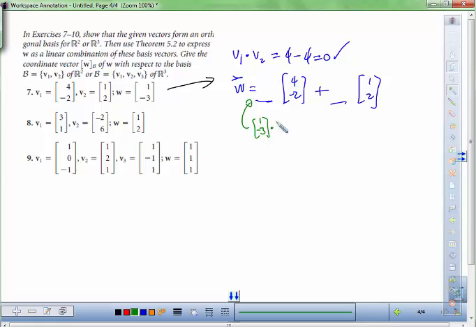We're going to dot it with V1, which is 4, negative 2. And we're going to find V1 dotted V1. And then that number is going to go as a coefficient.